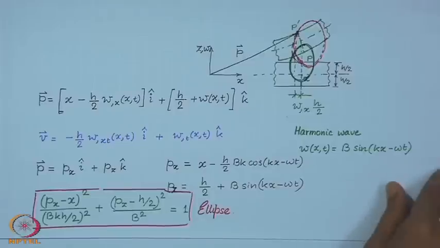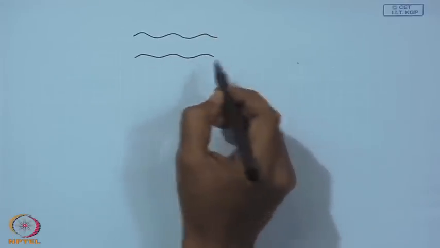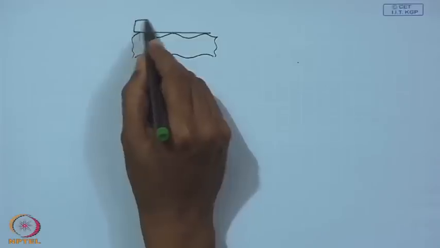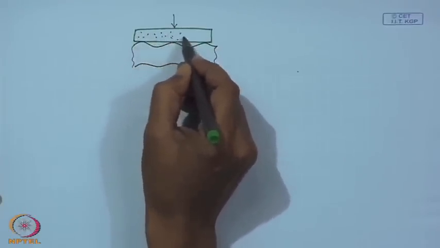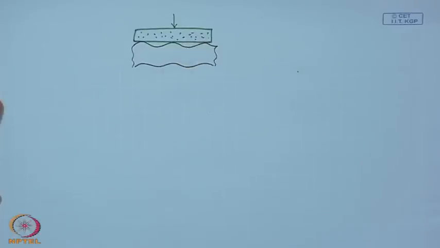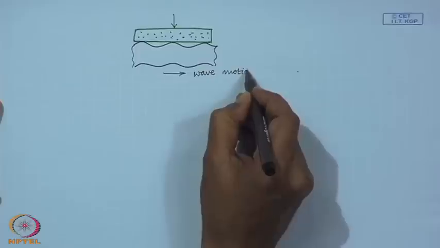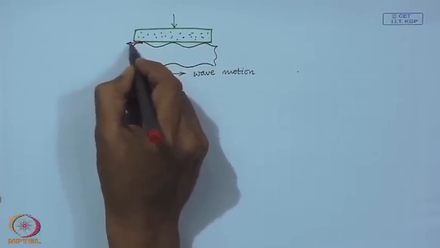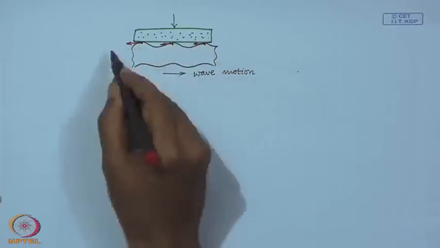Now, if you look at the beam with, let us say, a rigid body on top of it, which is pressed down upon this beam, and this beam carries a wave in this direction, then from the velocity expression you can easily find out that the velocity of these points on the top, at these crests, is in the negative direction.